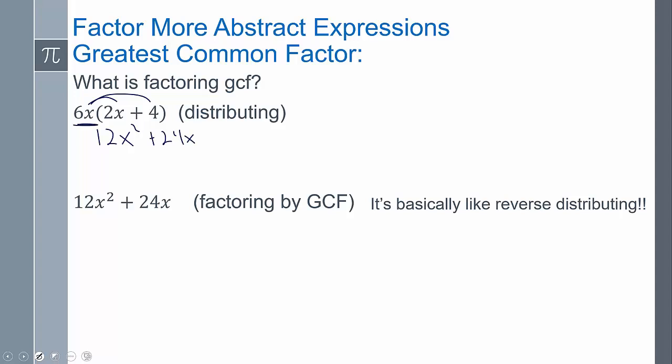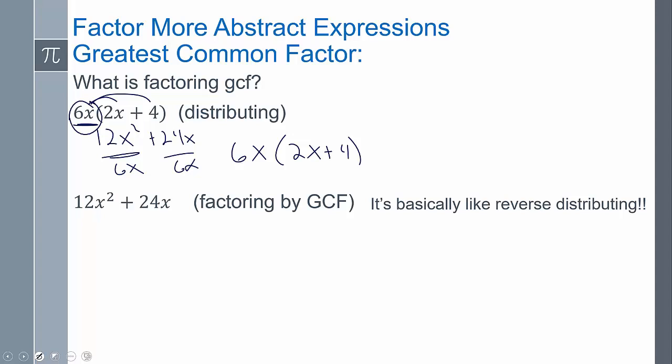Well, I could also factor the 6x out of this. There's a 6x, there's a 6x, and if I factor out that 6x, then I'm left with the 2x plus 4. And so what we're doing is we're looking at factors that are in common with every single term.